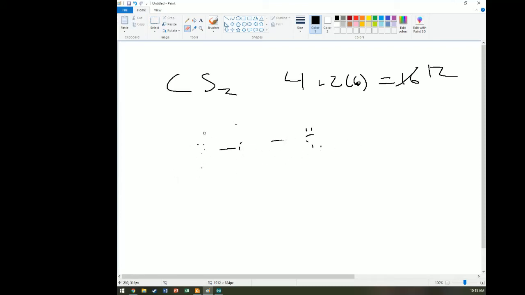I don't think it's worth going over any other examples, but I will do the whole shortcuts thing now. Generally, you don't have to go through this whole process always. If it's a polyatomic ion, I would actually just go through the entire process because it just makes your life easier.